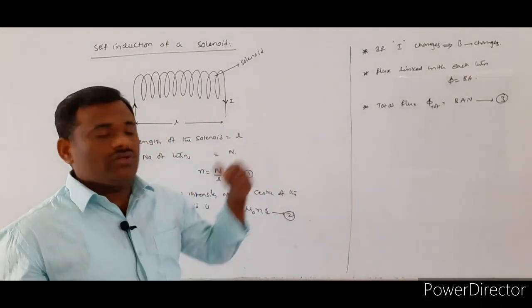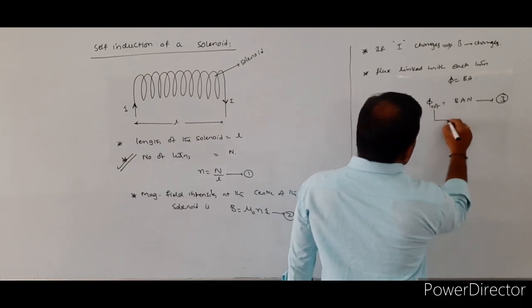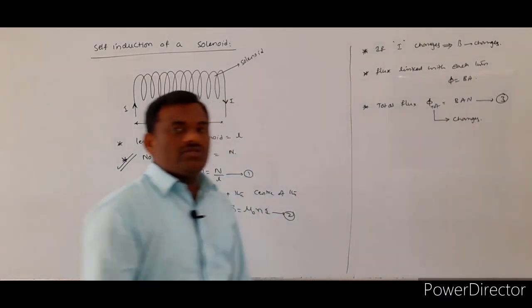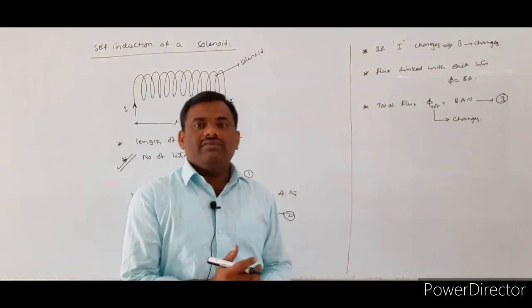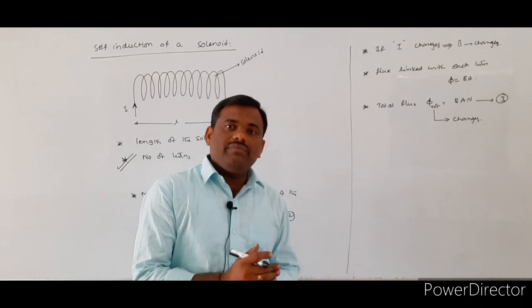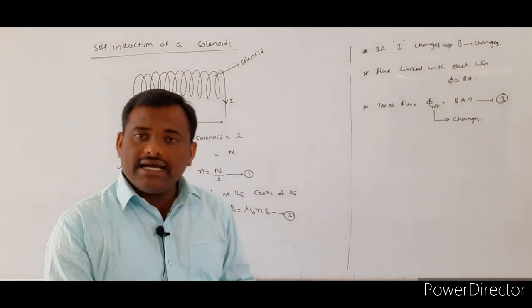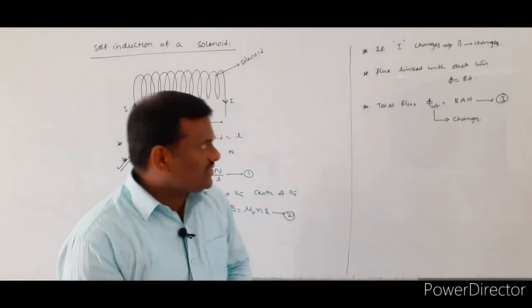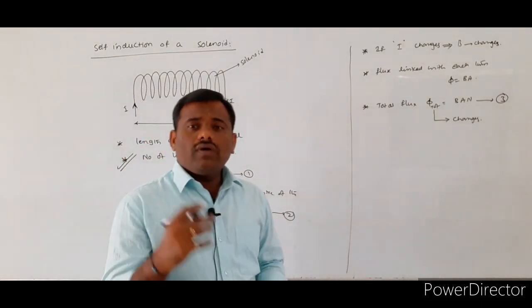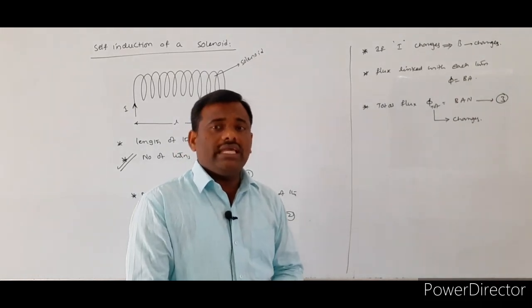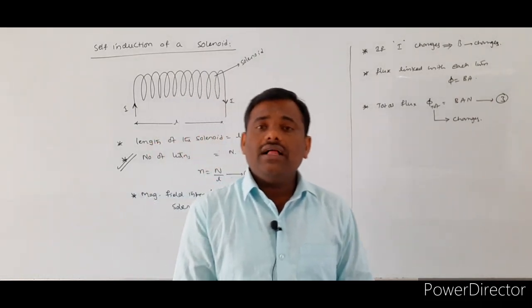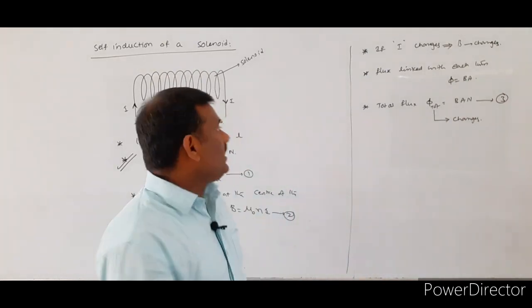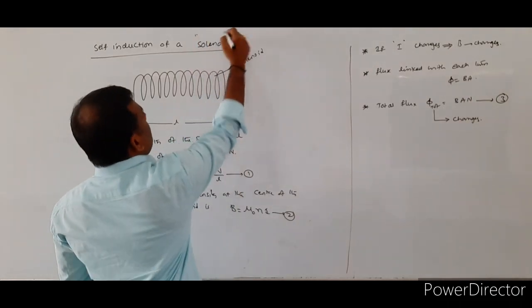So, whenever the current value changes, the magnetic field also changes. Whenever the magnetic field changes, the total flux linked with the given solenoid also changes. Whenever the total flux changes, as a result, induced EMF will exist. So here we are going to derive the expression for the coefficient of self-induction for the given solenoid.